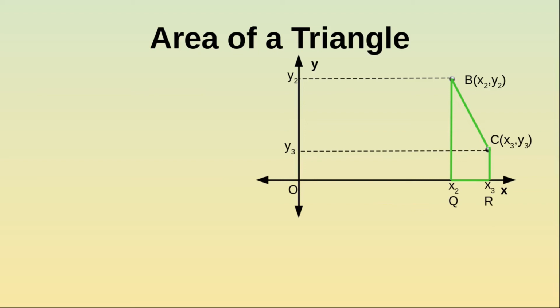So here we will be finding out the area of the trapezoid BQRC. Here once again, the formula to find out the area of the trapezoid is H into A plus B whole divided by 2. Here our H is x3 minus x2.